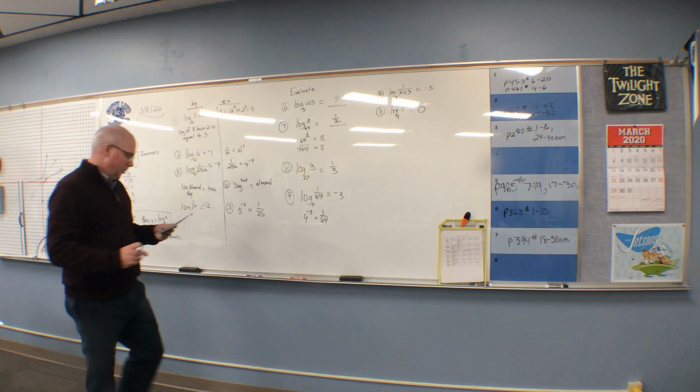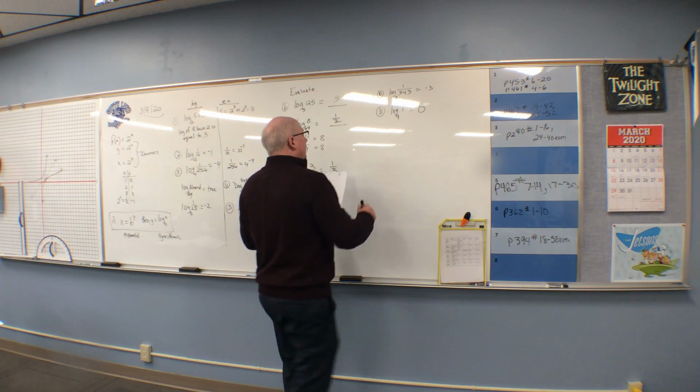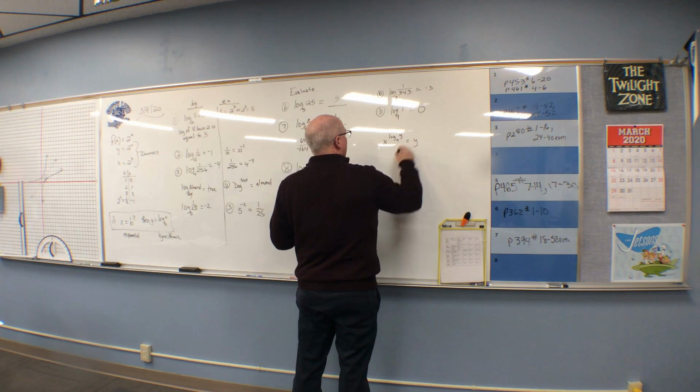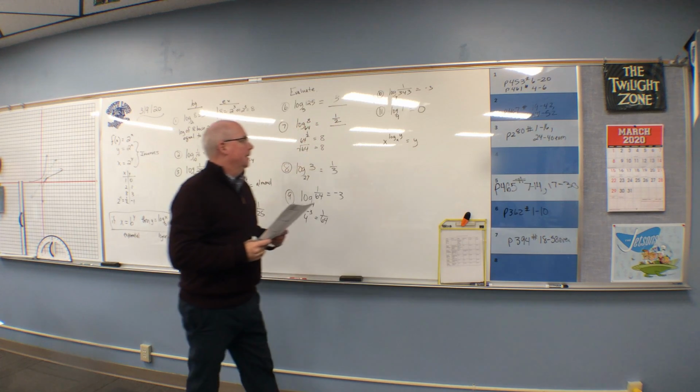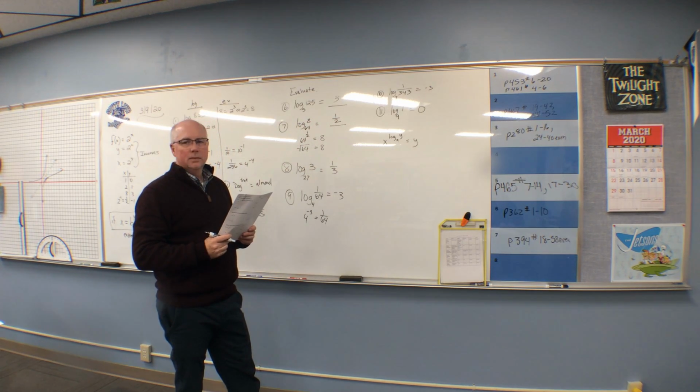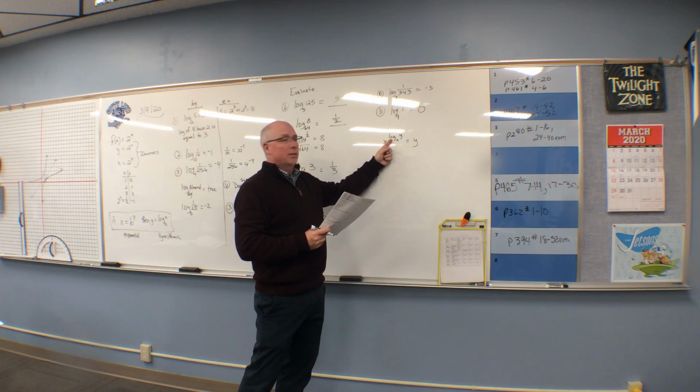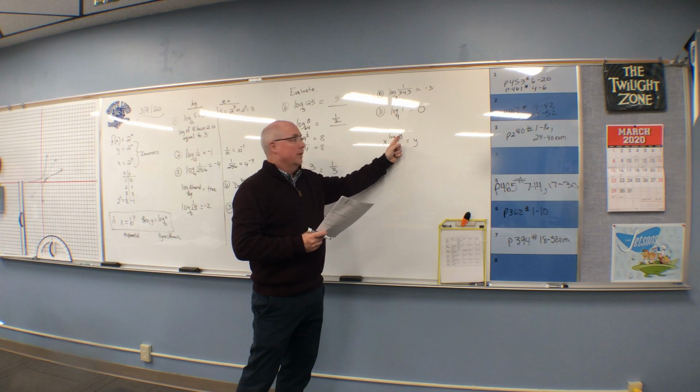I'm trying to remember how it was: x to the log of y base x equals y. Whenever you have x to the exponent of log of y base x, it equals whatever that value is.